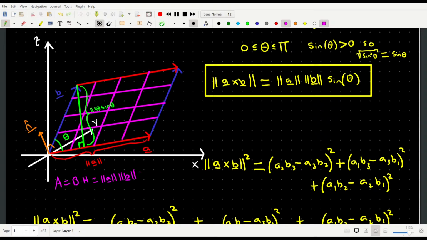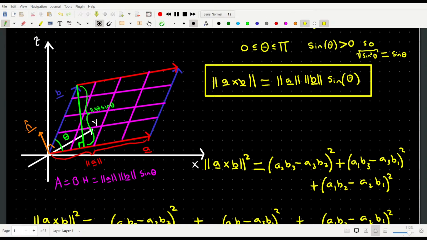So the magnitude of the cross product vector will always be the area of the parallelogram spanned by A and B. So this is, I think, very, very cool. It's a very, very neat result, and it gives you exactly, geometrically at least, the magnitude of this cross product.